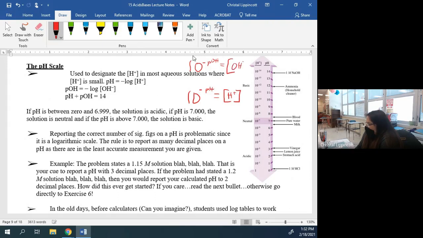So you can go the other direction with this too. You can calculate pH by going negative log, or you can go 10 to the negative pH and get back to this concentration. Does that make sense? Okay.